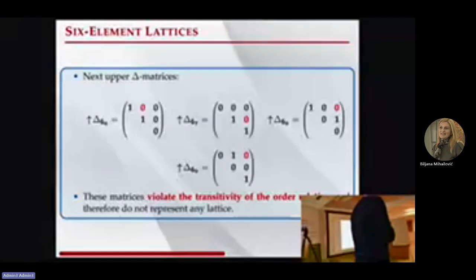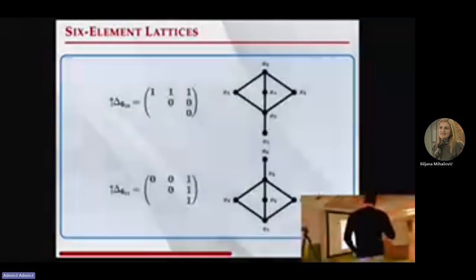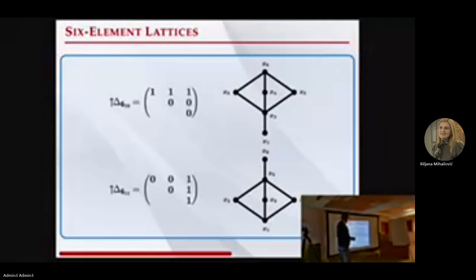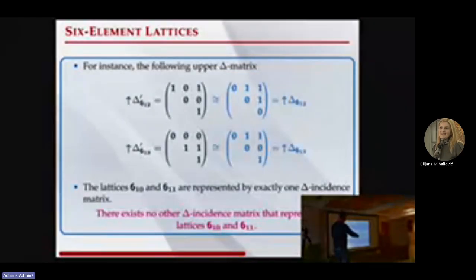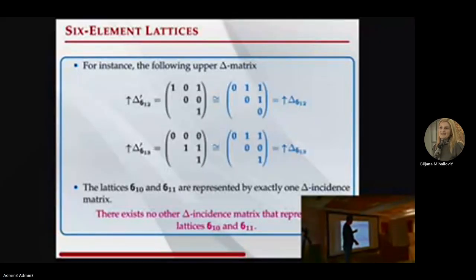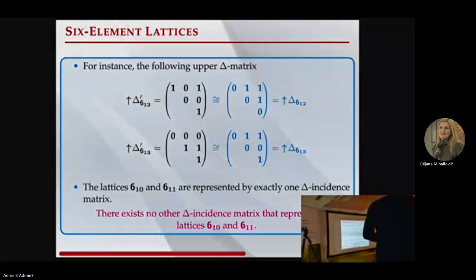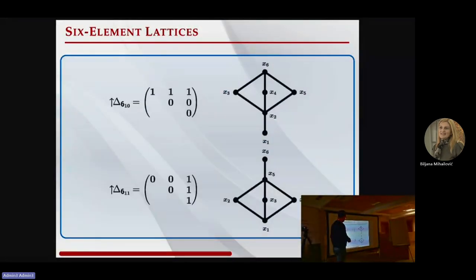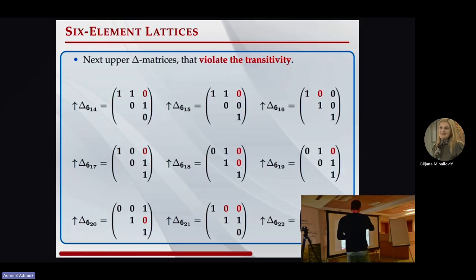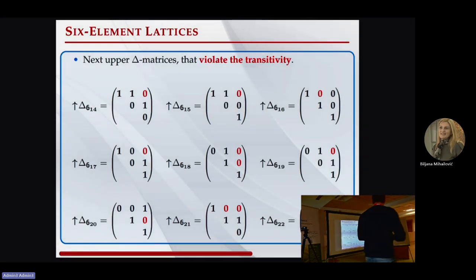So this matrix we have to remove from the final set. So let's continue. 10th lattice, 11th lattice, another lattices, and another wrong matrices, because these matrices represent an isomorphic lattice. An interesting fact is that lattices 610 and 611, so this one, are represented only by these matrices.